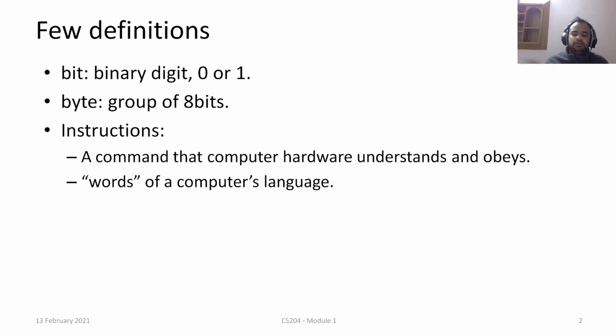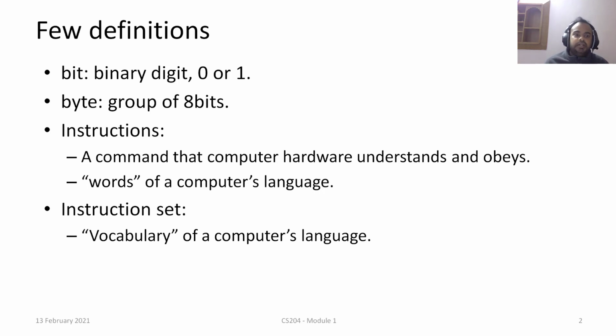We are going to dwell more and more into what an instruction is, how we represent it, etc. Now, these instructions can be interpreted to be similar to words in our general language. So, we string a group of words to make a meaningful sentence. In the same way, we write a sequence of instructions to make a useful operation.